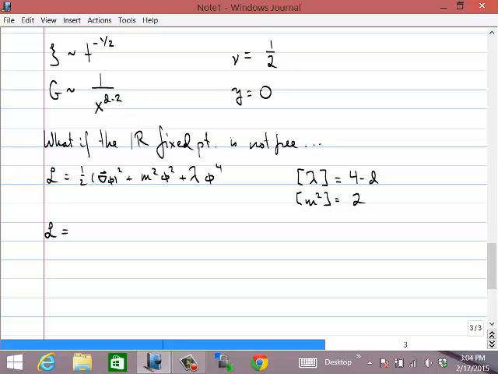So I want to pull out factors of the renormalization group scale, capital M, so that I now have two couplings that I've called rho sub m and lambda, which are now dimensionless.